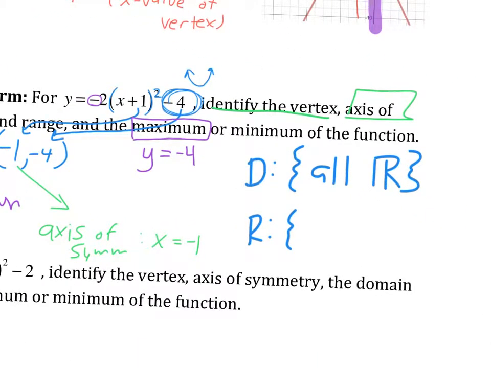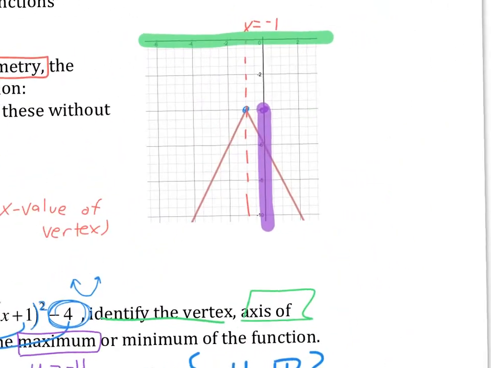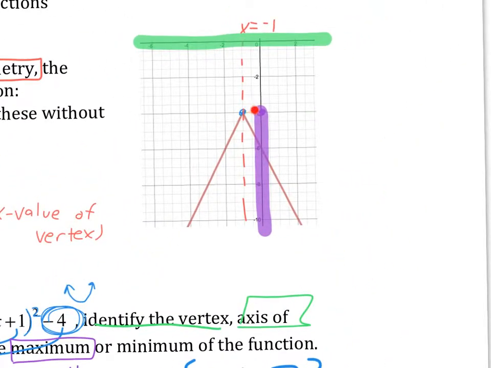Because I flip my function, and the highest it goes is -4, like we determined earlier, my range is going to be less than or equal to -4. We could graph that and see that's the tip, so that's the highest it goes. So my domain would be all numbers this way, but my range would be only the numbers that are -4 and below.